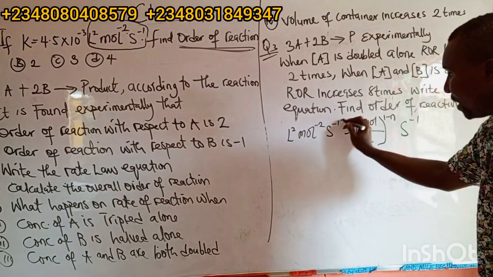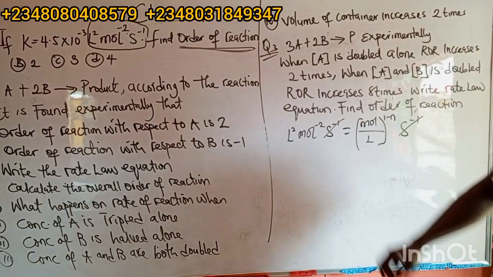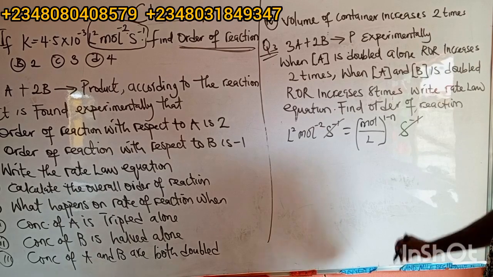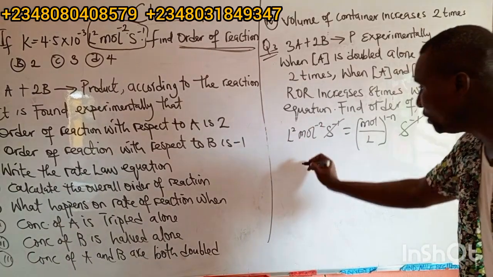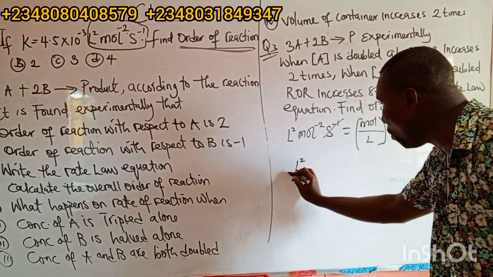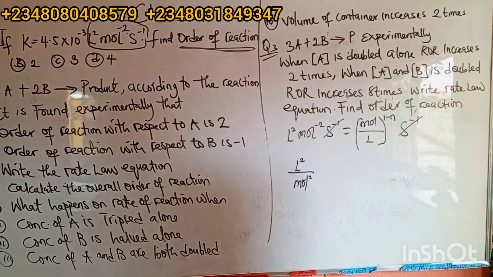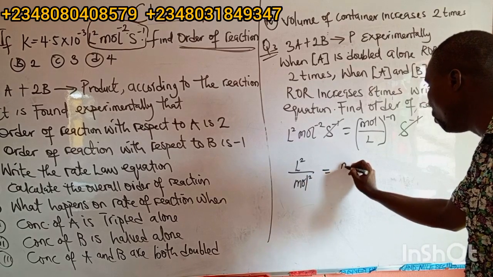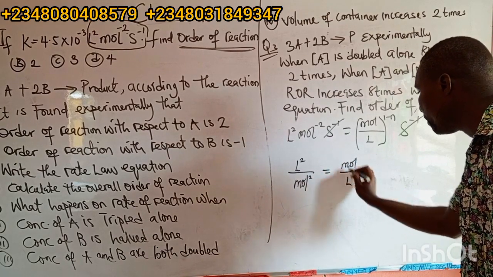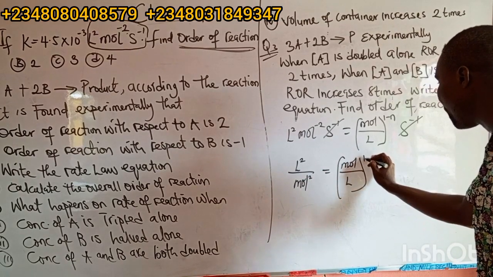From here, per second cancels per second. Take note. The meaning of this was L raised to the power 2 over mole raised to the power 2. That was the meaning, isn't it? Equal to what? Mole over liter raised to the power.